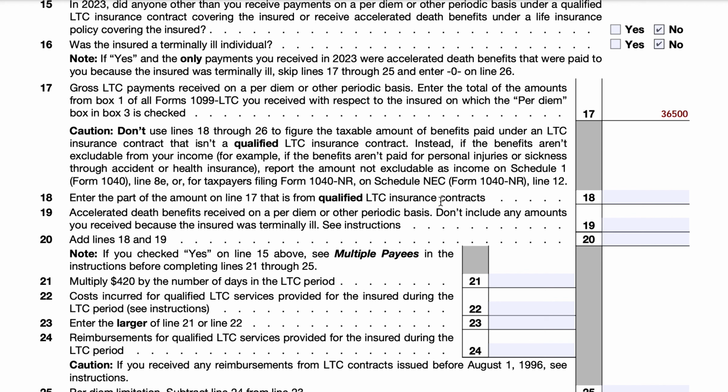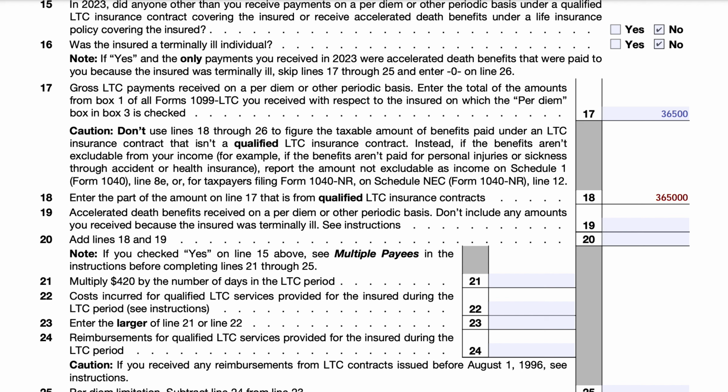So basically, what this is saying is this is only for qualified long-term care insurance contracts. It's either includable in your income if it's not qualified, if it's not paid for personal injuries or for health insurance. But then you would complete this for qualified long-term care insurance contracts.